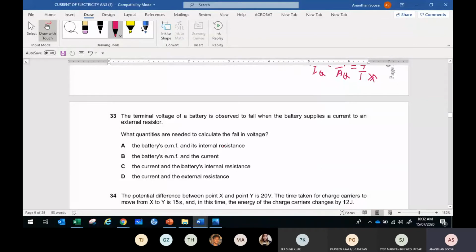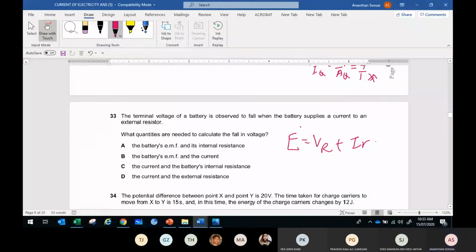The terminal voltage of the battery is observed to fall when the battery supplies a current to an external resistor. What quantities are needed to calculate the fall in voltage? Fall in voltage. So E equals VR plus I small r.